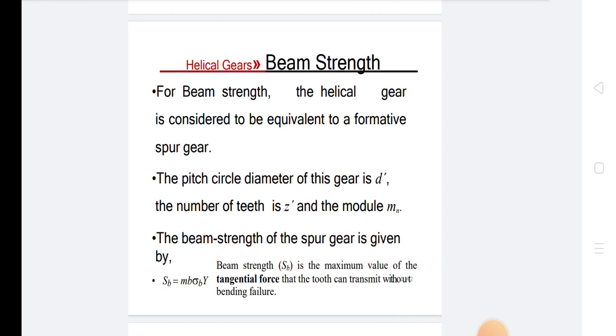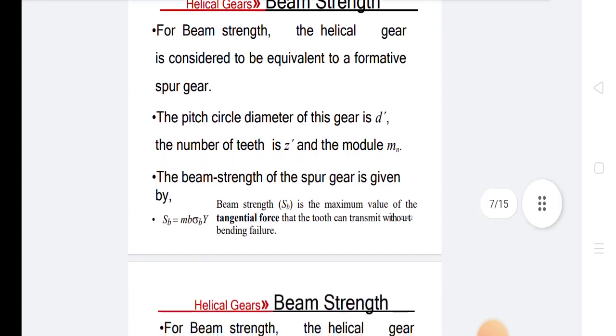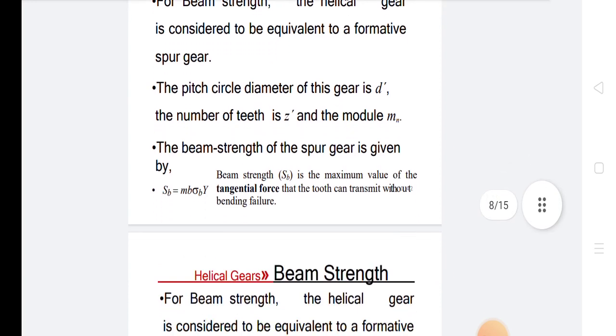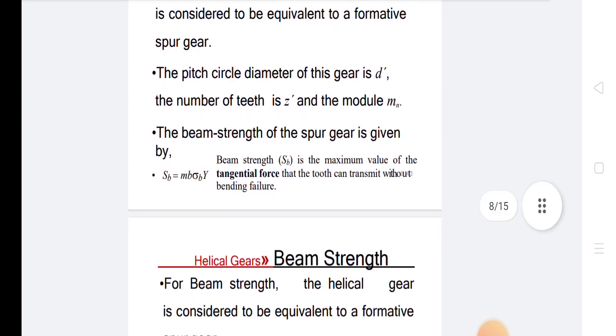To find the beam strength of the helical gear tooth, the helical gear is replaced by an imaginary or virtual spur gear in a plane perpendicular to the tooth element. For beam strength, the helical gear is considered to be equivalent to a formative spur gear. The pitch circle diameter of this gear is D. The number of teeth is Z dash and the module is Mn.